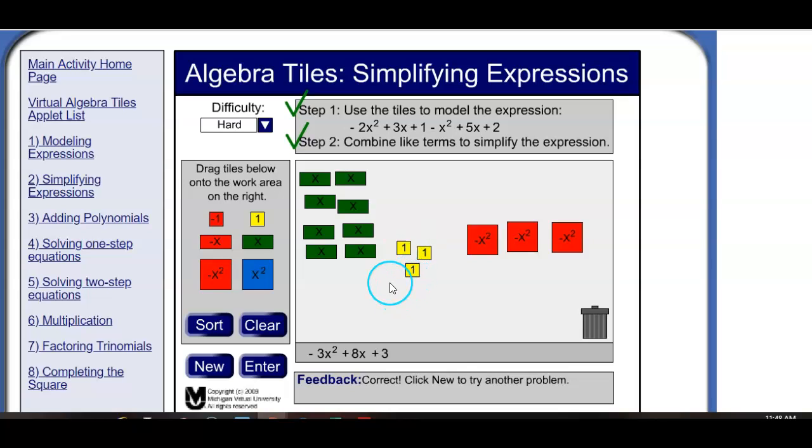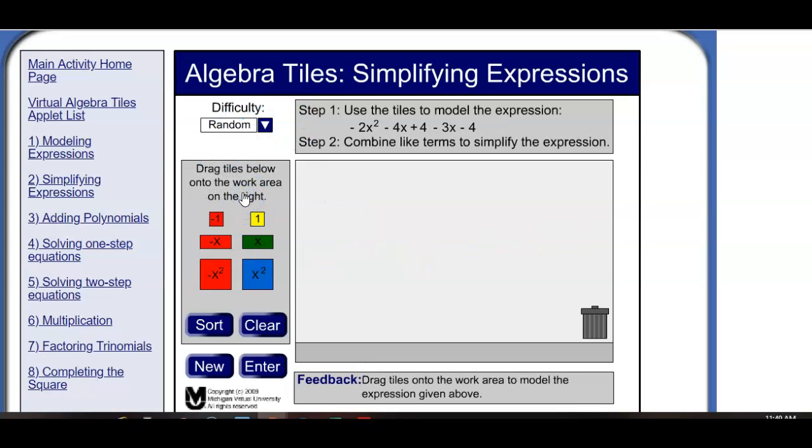So in this case, they did not make any zero pairs or use that additive inverse, but they added, like the ones were added. The x squareds were subtracted. The x's were added. So they combined in that sense.